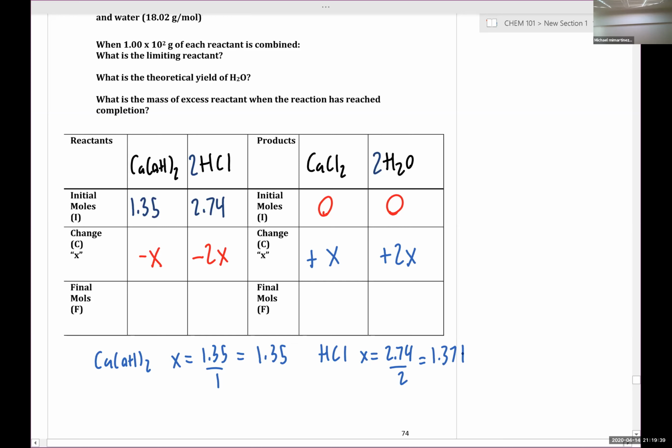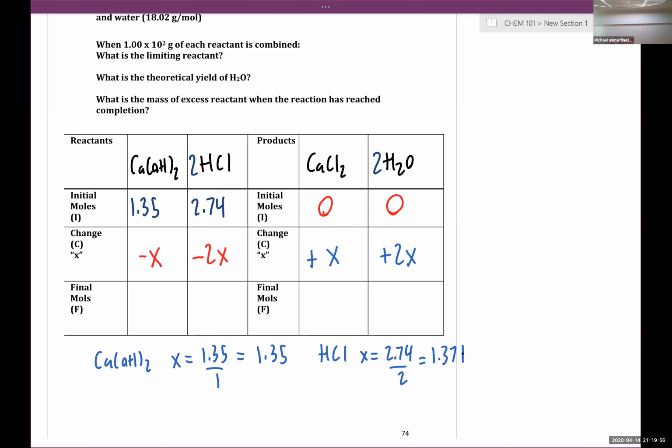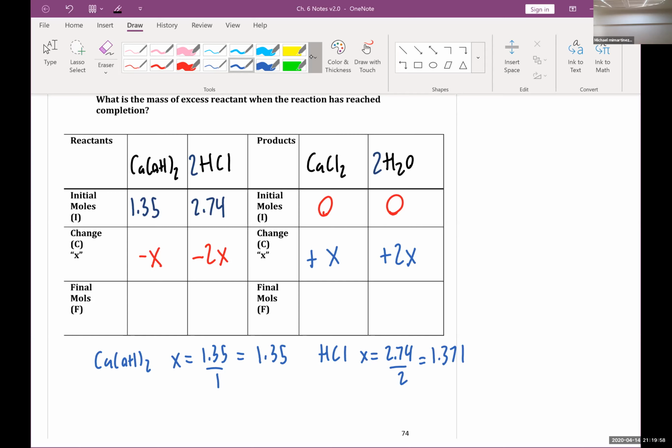So my question to all of you is, what reactant is limiting? What reactant has a smaller value of x? Yep, exactly right. Calcium hydroxide is limiting.